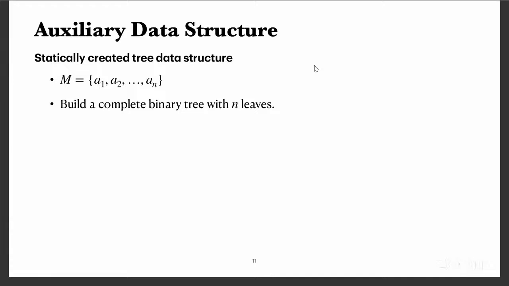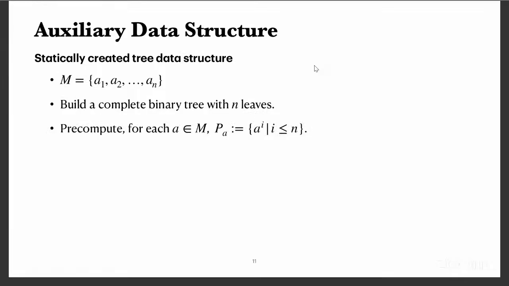Correct? It's empty only in the last level, and you pre-compute for each A the powers of the elements in the monoid. You can pre-compute that in NC1 or in the CRCW PRAM with log n time.